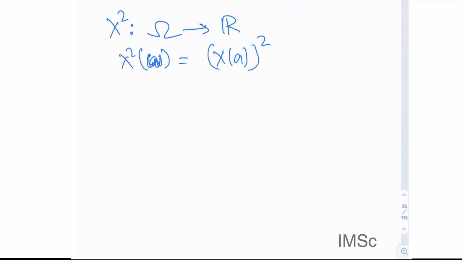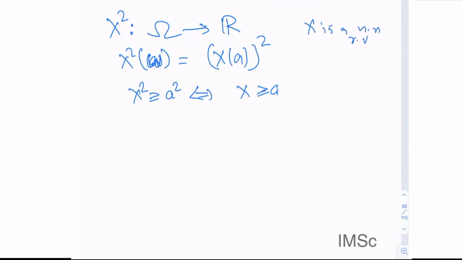Now, I ask myself, when is x square greater than or equal to some quantity, say a square? Then I say, look, if and only if x is greater than or equal to a. This is where I'm going to use the fact that x is a non-negative random variable.